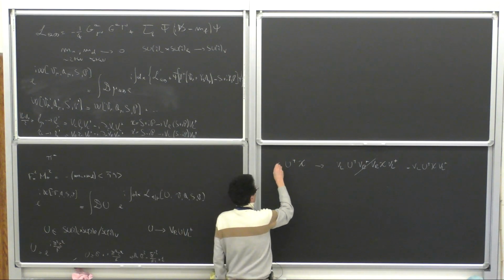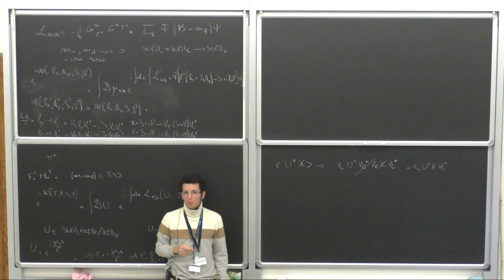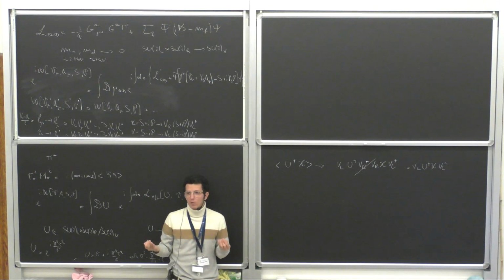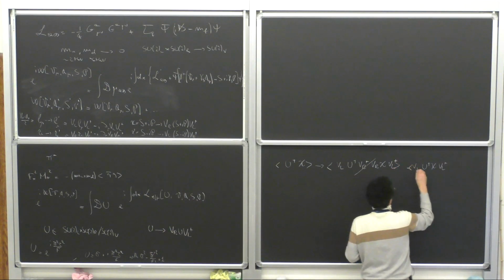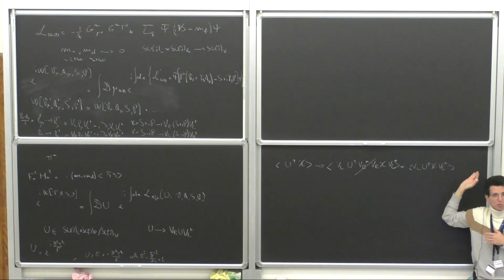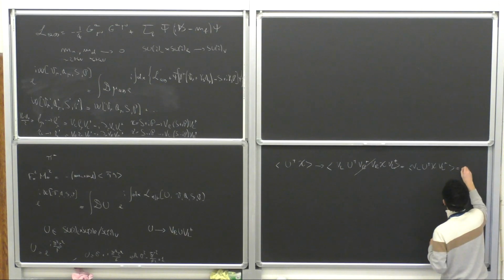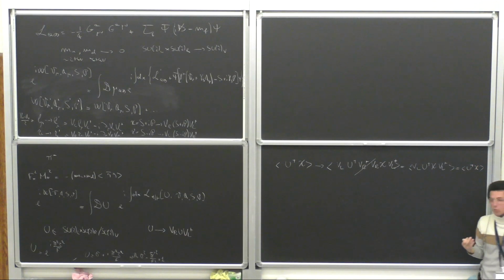If we take the flavor trace of these 2x2 matrices, we obtain one number. And by the cyclic property of the trace, this is invariant: the trace of U dagger chi.